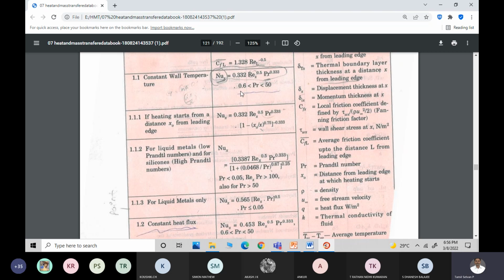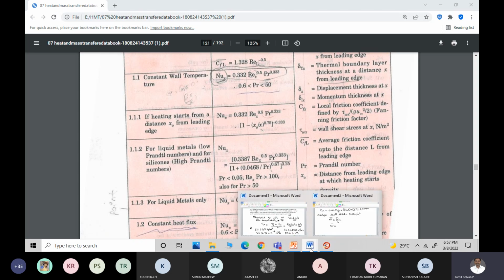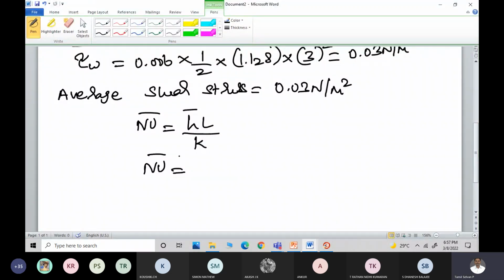If the Prandtl number is between 0.6 and 50, for constant wall temperature problems, the local Nusselt number is 0.332 Reynolds number to the power 0.5, Prandtl number to the power 1 by 3. So you can use that formula. The average Nusselt number is 2 times Nu local.